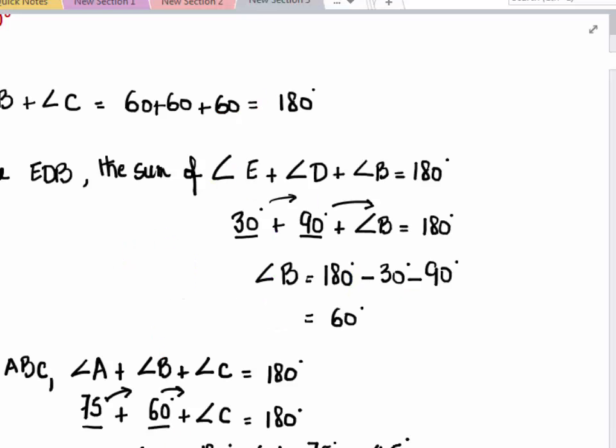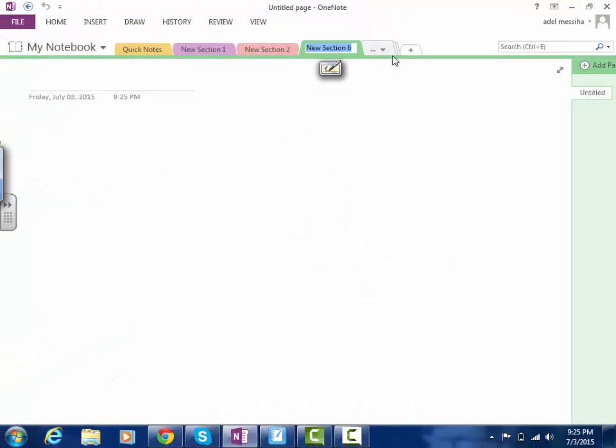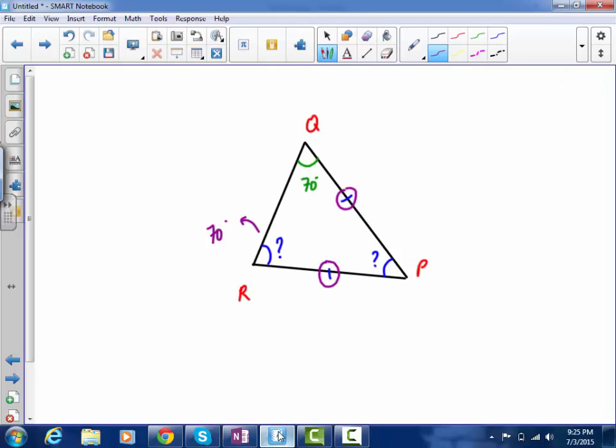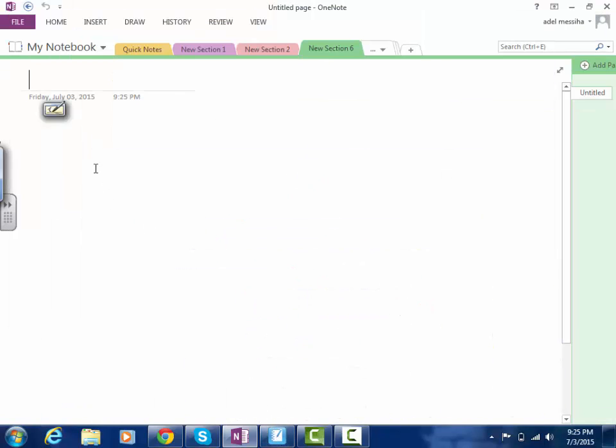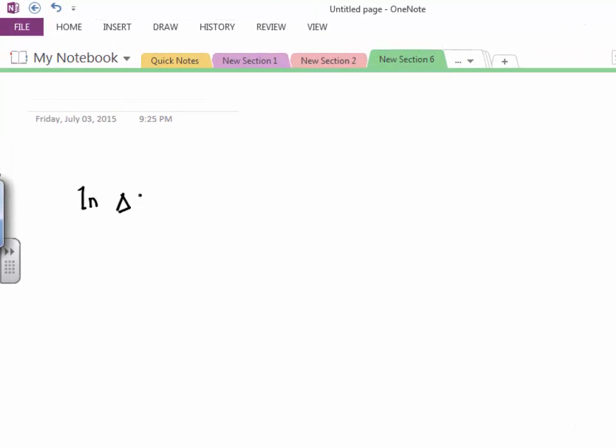So let's create a new page and say, in triangle RQP, what do I have? I have angle R plus angle Q plus angle P. They have the sum of 180 degrees.